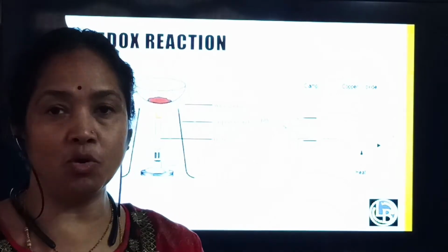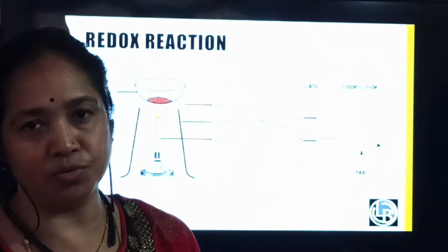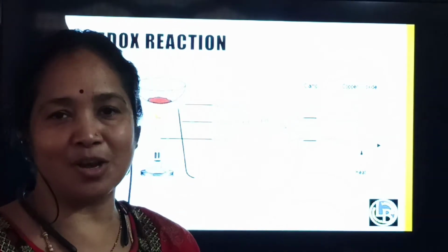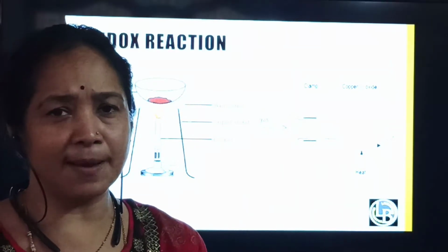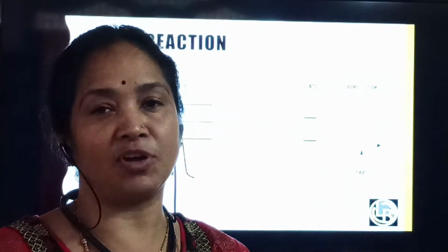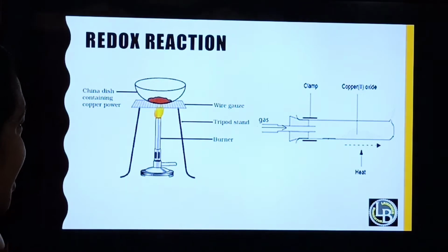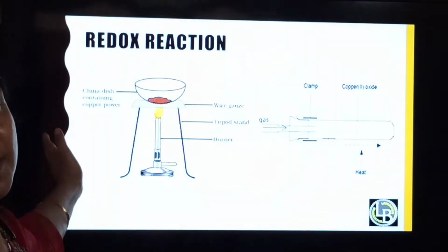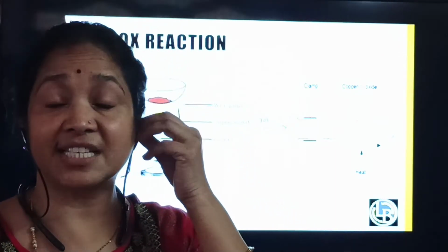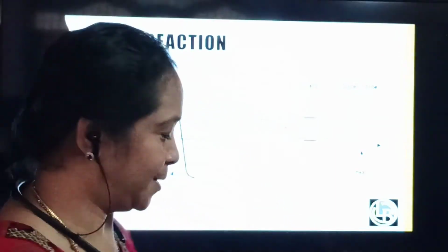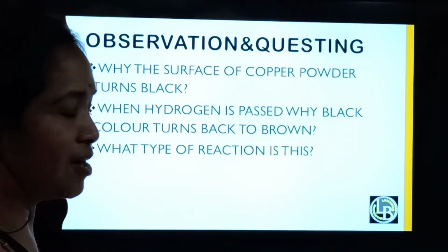From that CuO, oxygen is removed, or lost. Such a reaction is called reduction. This is a simple activity to understand the phenomenon of redox. In the first case, copper is turned to copper oxide. In the second case, copper oxide is turned back into copper. So I hope everyone understood.